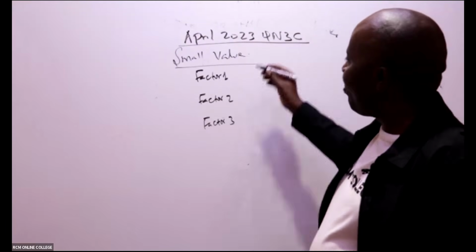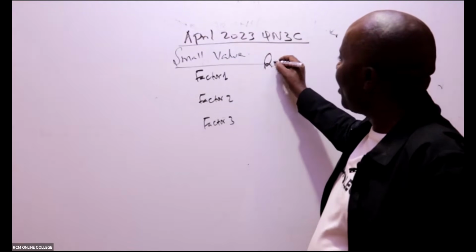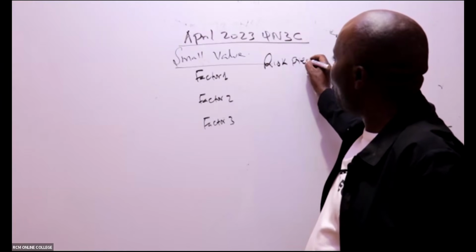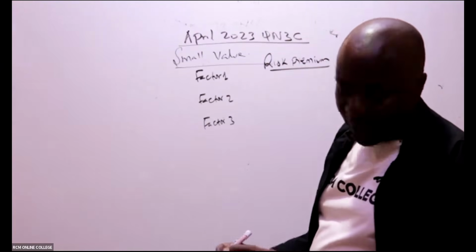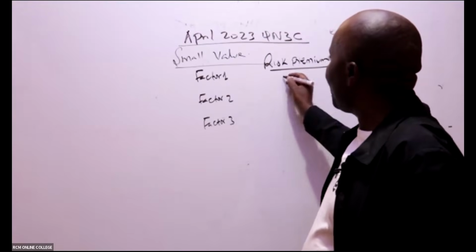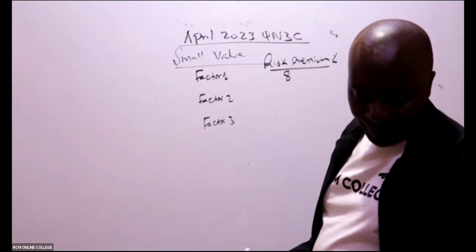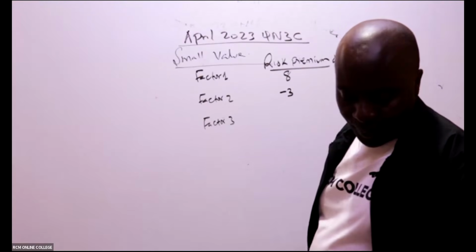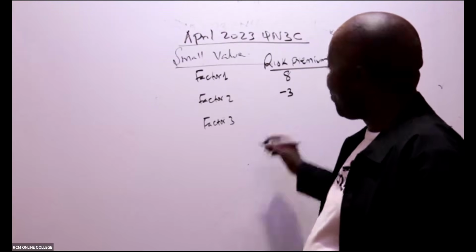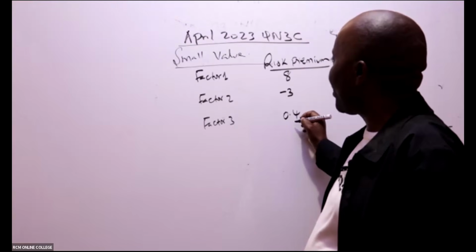For example, the risk premium for factor 1 is 8, factor 2 is minus 3, and factor 3 is 0.4.